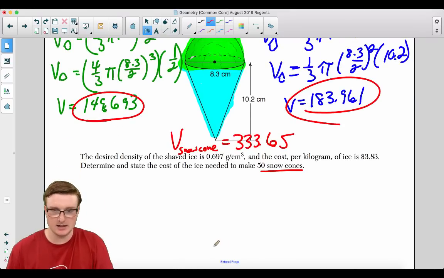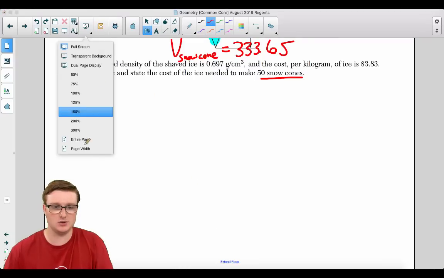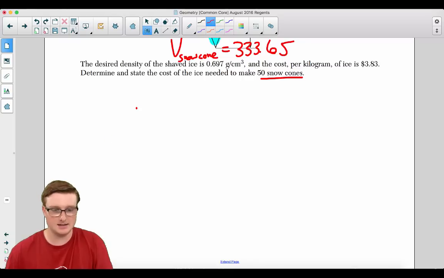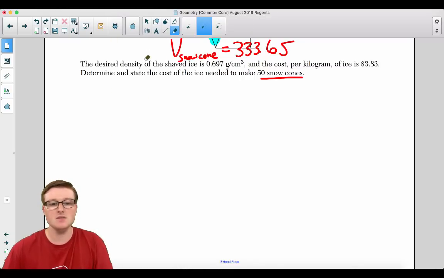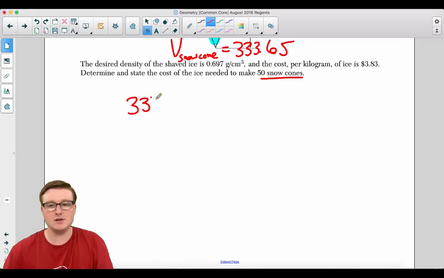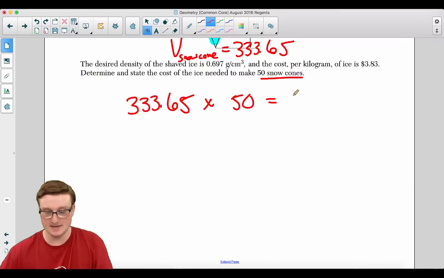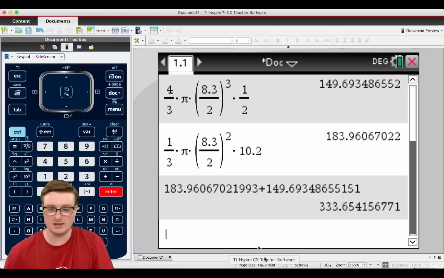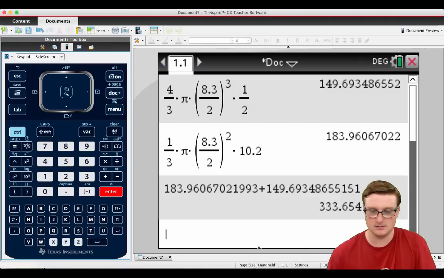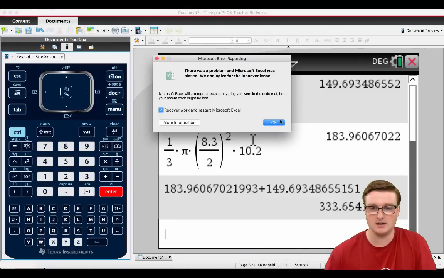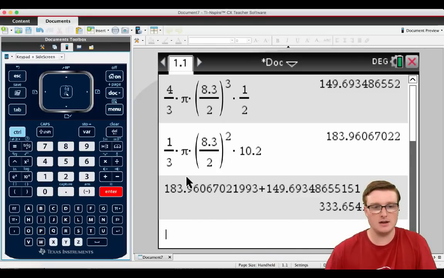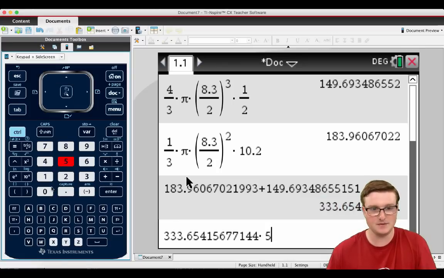Now, it says here, how do we make 50 of the snow cones? So what we have to say is, all right, wait a minute. We have to take 333.65 and multiply it by 50 of them. And this will give us the total volume. Let's go back to my calculator. Okay, sorry about that. So it's 333.65 times 50 of them.